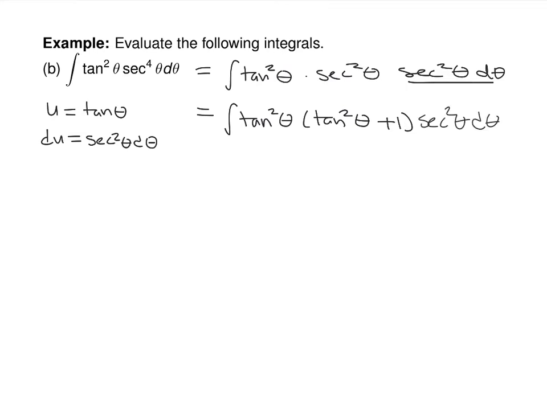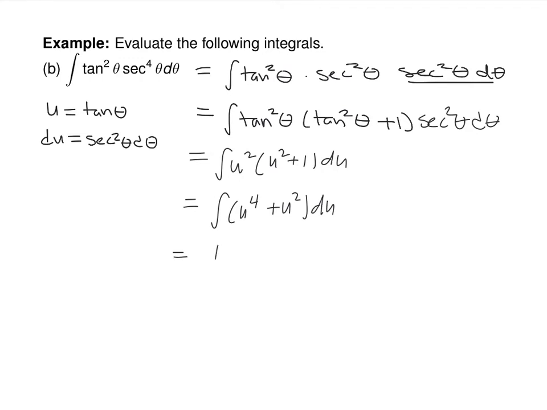And now put on your u's. You have the integral of u squared plus 1 du, distribute, integral of u to the fourth plus u squared, and that will be 1/5 tangent to the fifth theta plus 1/3 tan cubed theta plus c.